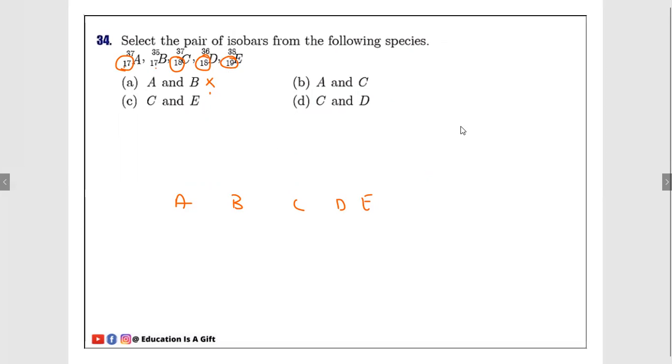You can go with AC, you got one pair. AD, you got another pair. AE, you got another pair. If you observe the options, yes, we have AC. Let us still think. If you observe that AC, it has 37 and 37. So what is meant by isobar? Isobars are different elements which will have different atomic numbers. A, C, different atomic numbers 17, 18, but same mass number 37, 37. So answer is A and C pair, answer B.